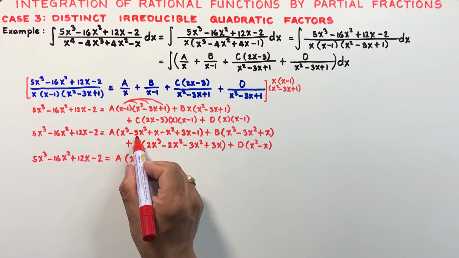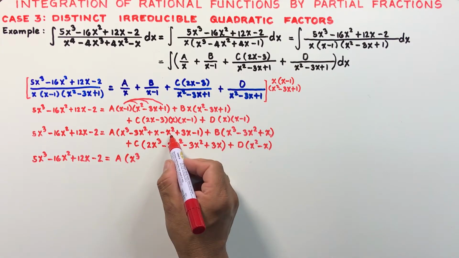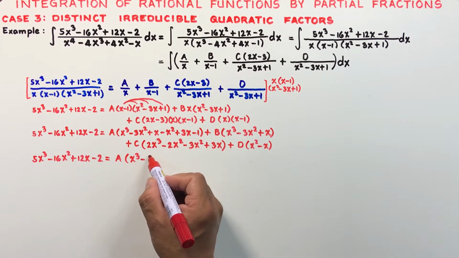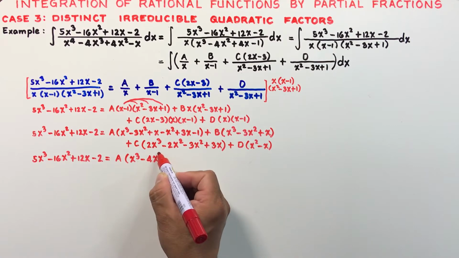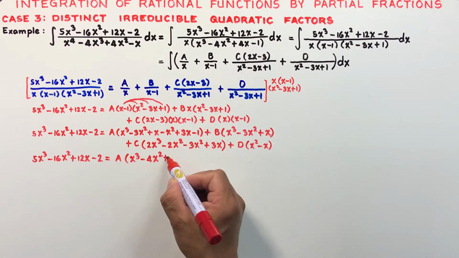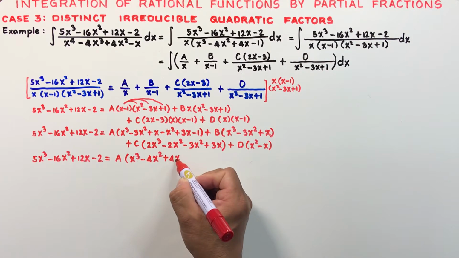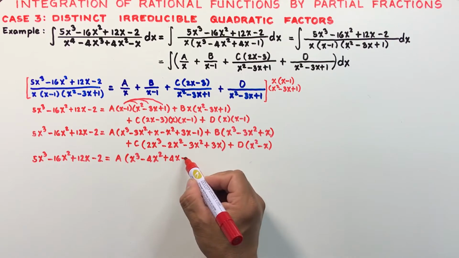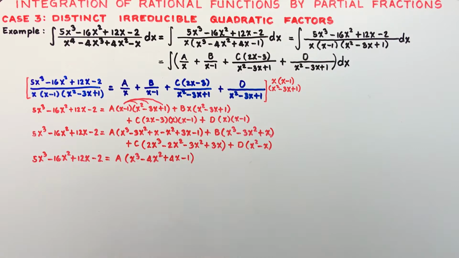And for this negative 3x squared with this minus x squared, this is minus 4x squared. And x plus 3x, that is positive 4x. And this will be subtracted by 1.